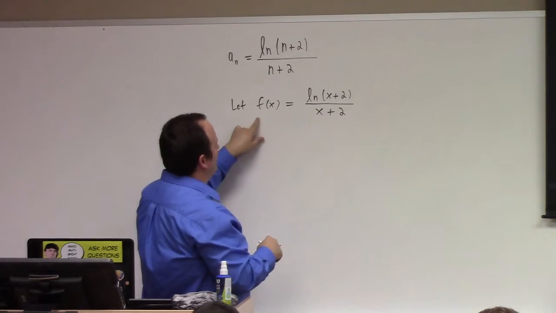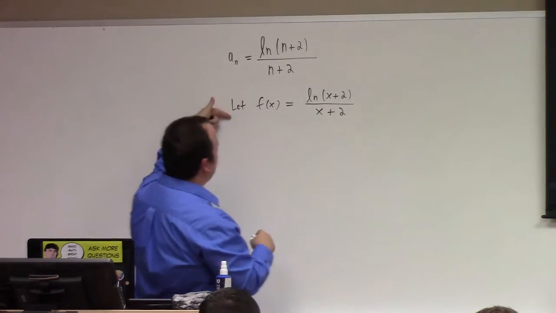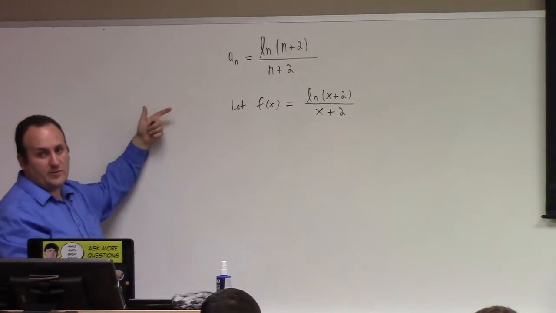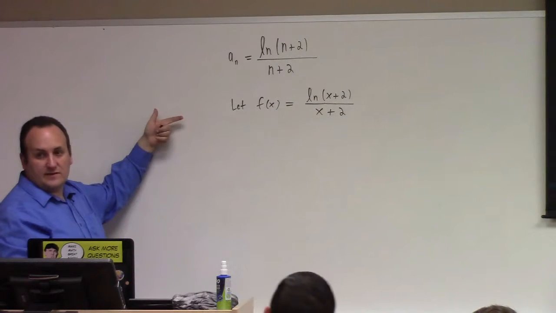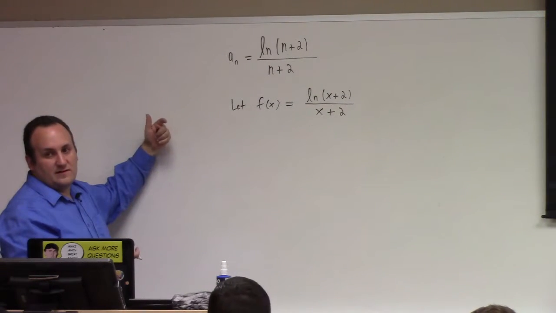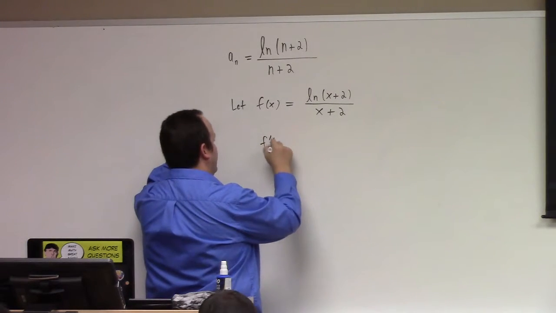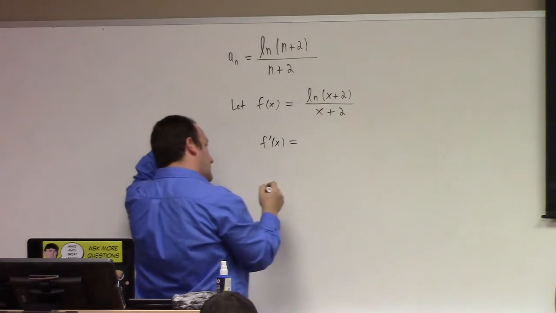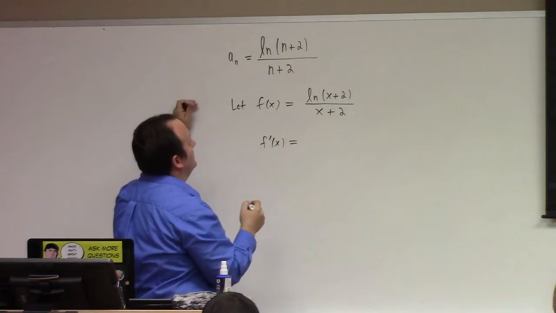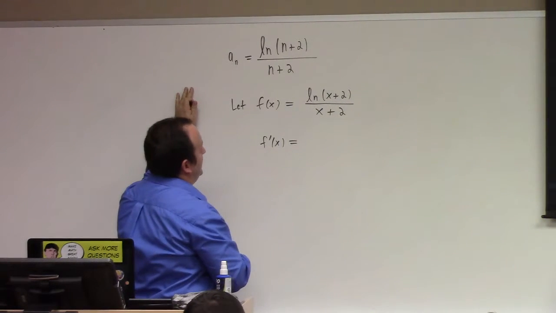Let's see here. F of x is this. This is the function which corresponds to the sequence, right? At whole numbers, and then I differentiate it to see what happens. Okay, fine. F prime of x is equal to, or if I was smarter, I could do direct inequality arguments perhaps.